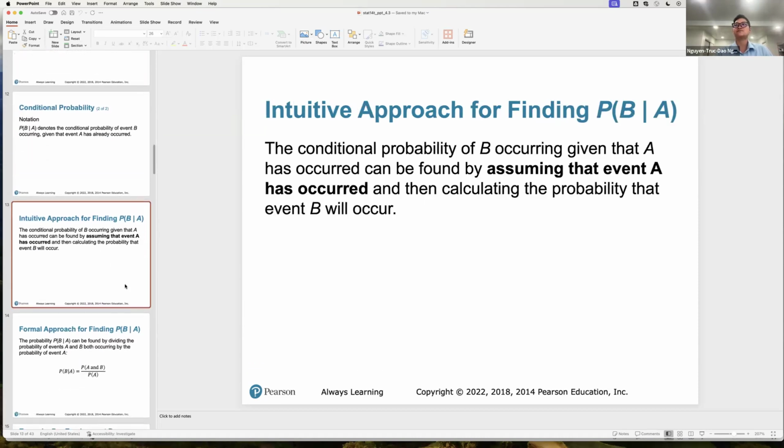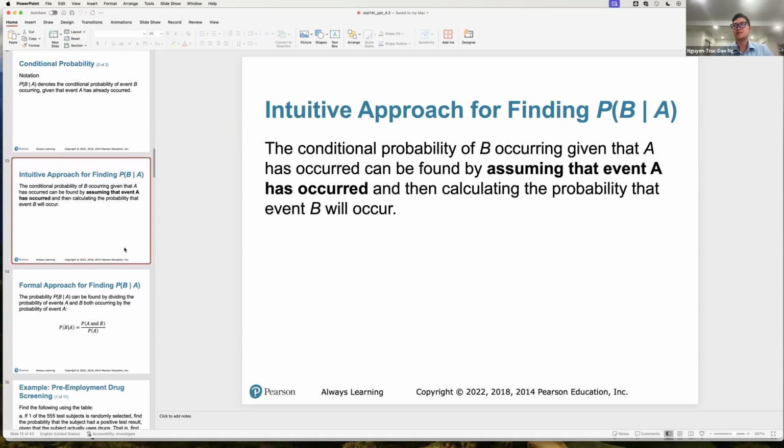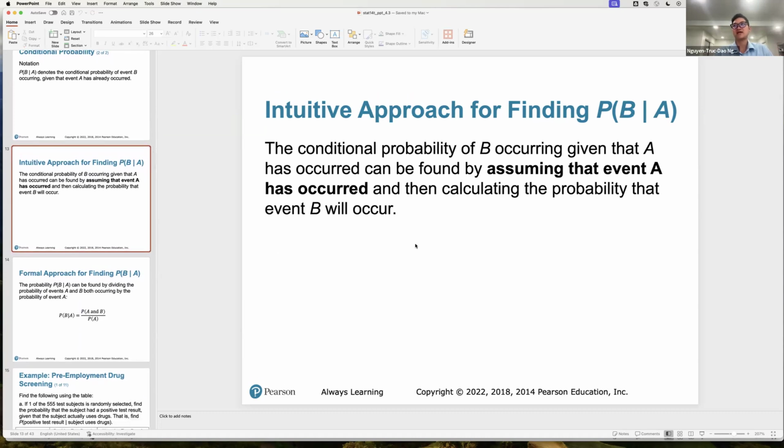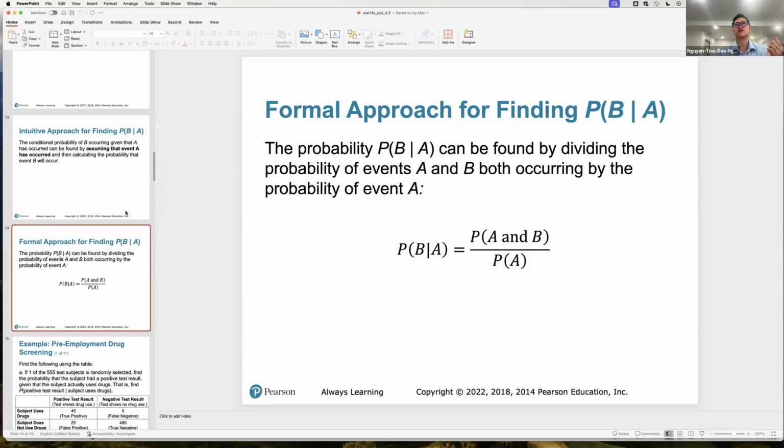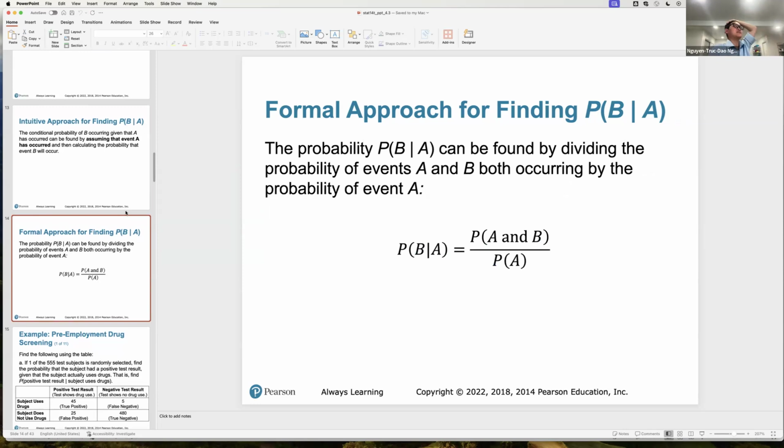The intuition: the conditional probability of B occurring given that A has occurred can be found by assuming that event A has already occurred, and then calculating the probability that event B will occur. You can think about the example related to the deck of cards that I gave you earlier.